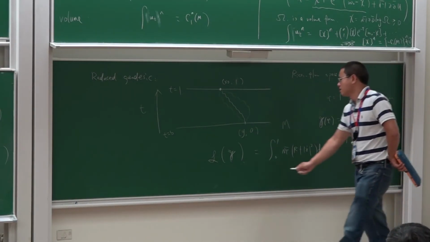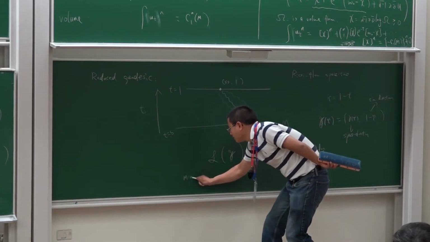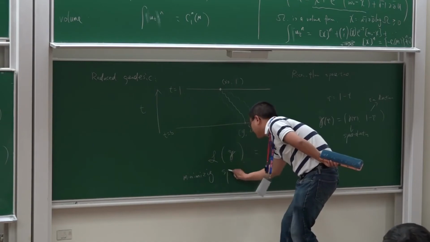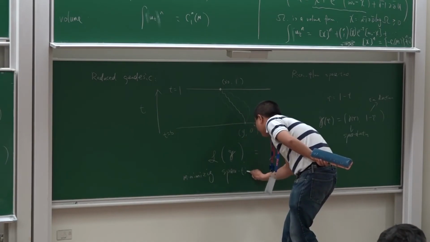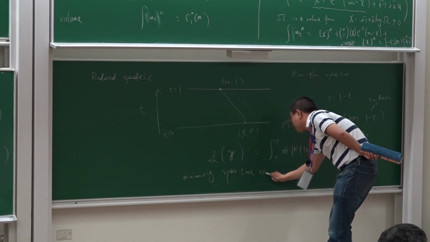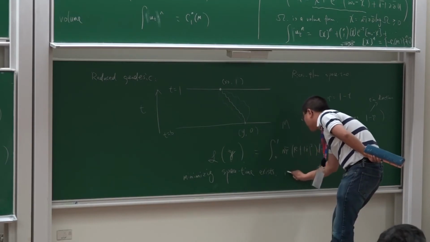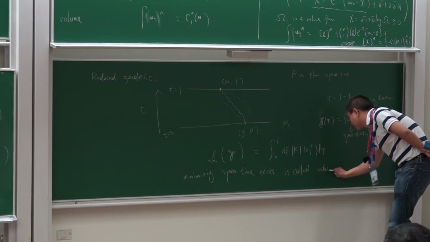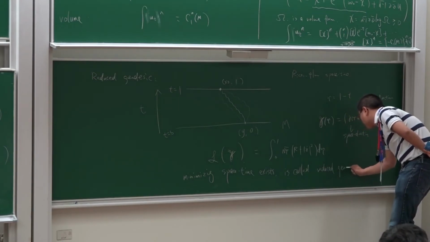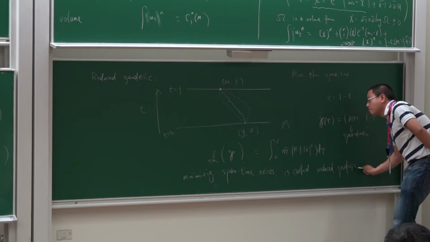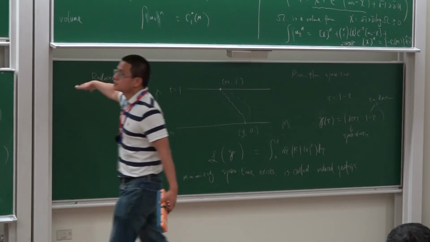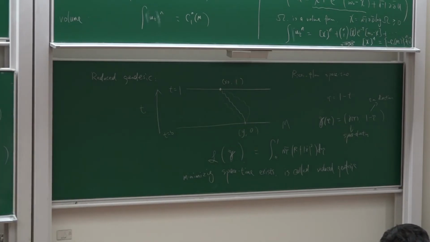Okay. So the minimizing space-time curve exists, and it is called a reduced geodesic. So this is Perelman's invention for the Ricci flow.